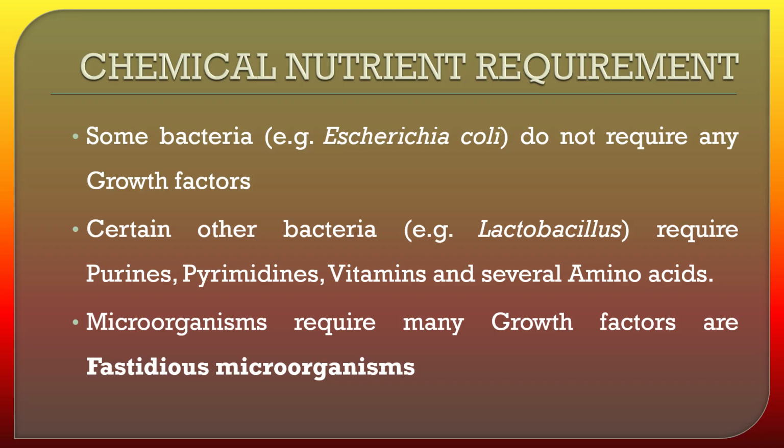Certain other bacteria like Lactobacillus require purines, pyrimidines, vitamins, and several amino acids in order to grow. So these compounds must be added in advance to culture media that are used to grow these bacteria. A microorganism having complex nutritional requirements and needing many growth factors is said to be a fastidious microorganism.